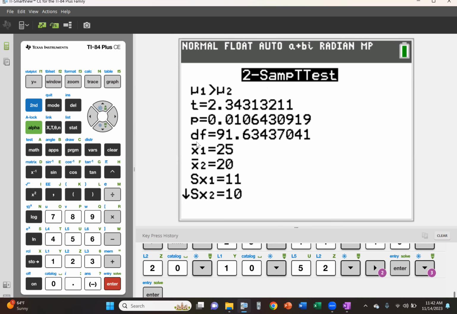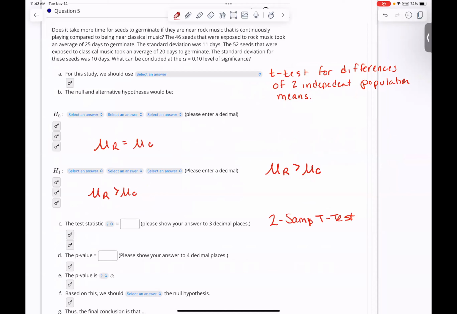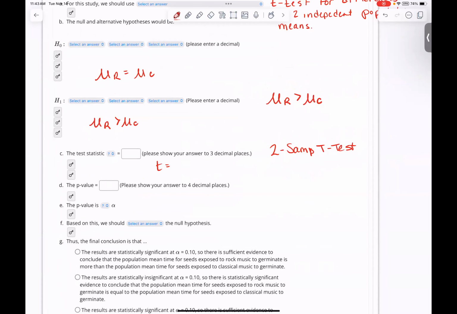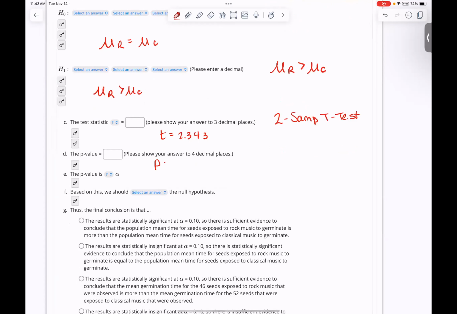So our T statistic is 2.3431. Our p-value is 0.0106. So our test statistic is T equal to 2.343 to 3 decimal places, and our p-value is 0.0106 to 4 decimal places.